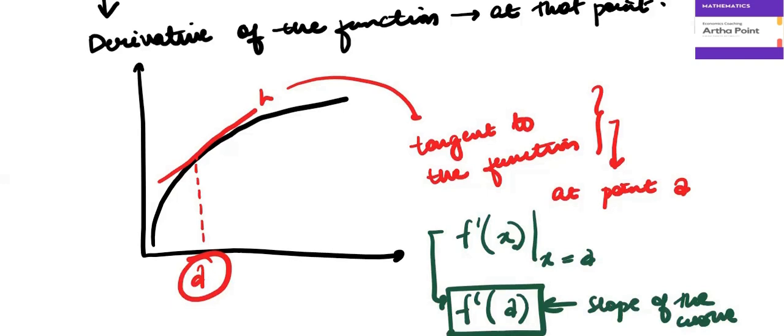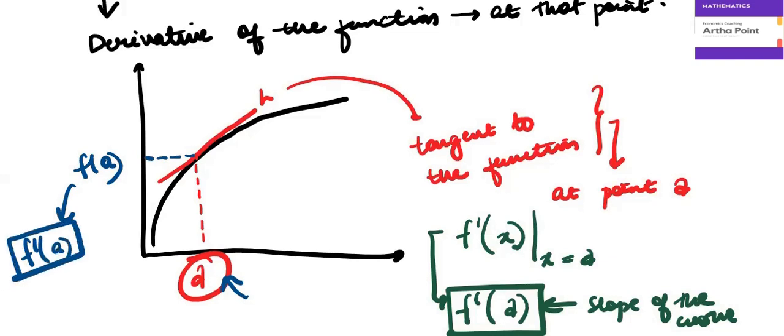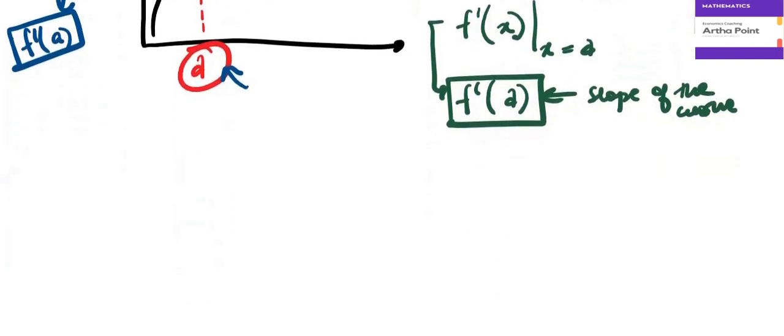The other way to understand this is that, at A, the value of my function is f of A, right? And to find the slope, I just have to find the derivative of my function. So if I differentiate my function, I'm going to get the slope of my curve. Now, supposedly, we have a line.